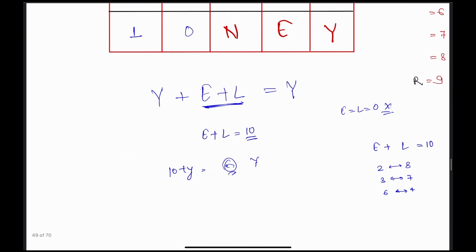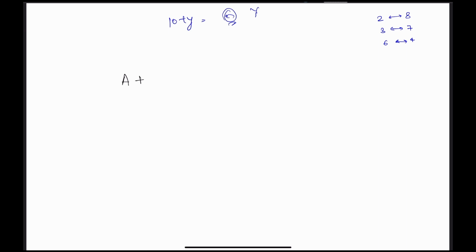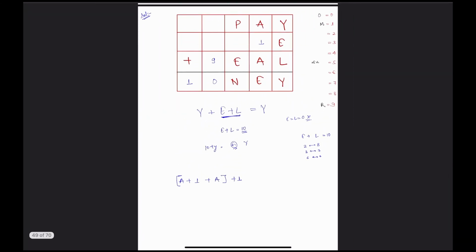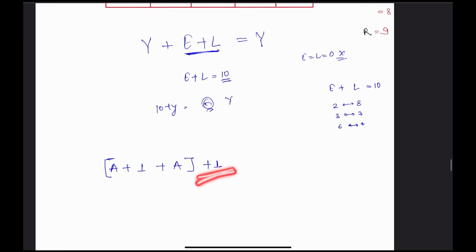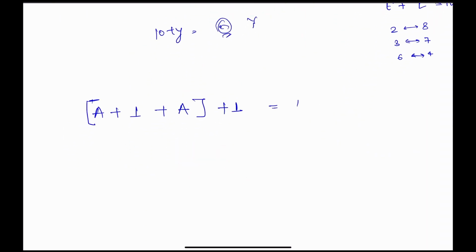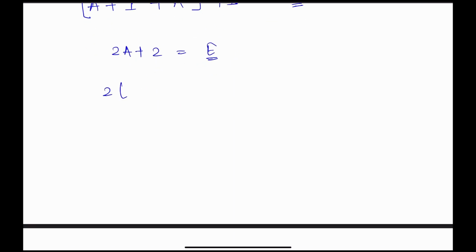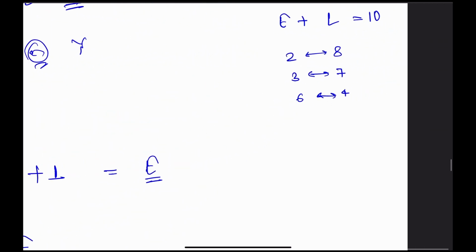So what I can write over here: A plus 1 plus A, and the carry of 1 coming over here, which is equal to E. So it is nothing but 2A plus 2 equal to E, which is nothing but 2 into (A plus 1) equal to E. This is one more equation I've got.